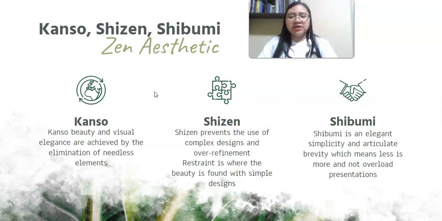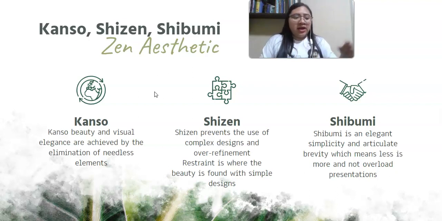Restraint is where the beauty is found with simple design. Simplicity is the key point in this Zen presentation. Shibumi is an elegant simplicity and articulate brevity, which means less is more and not overloading the presentation.